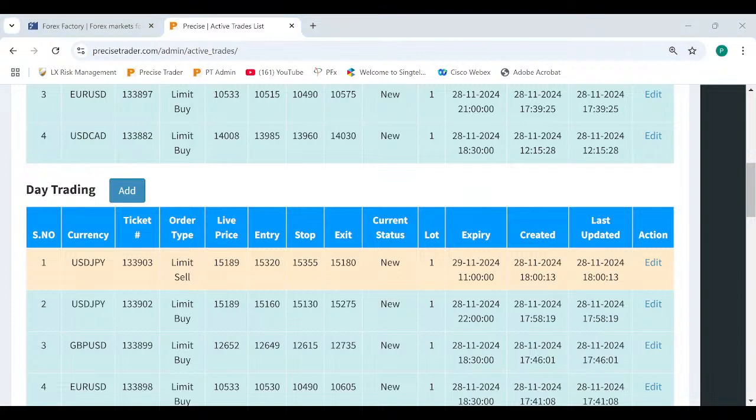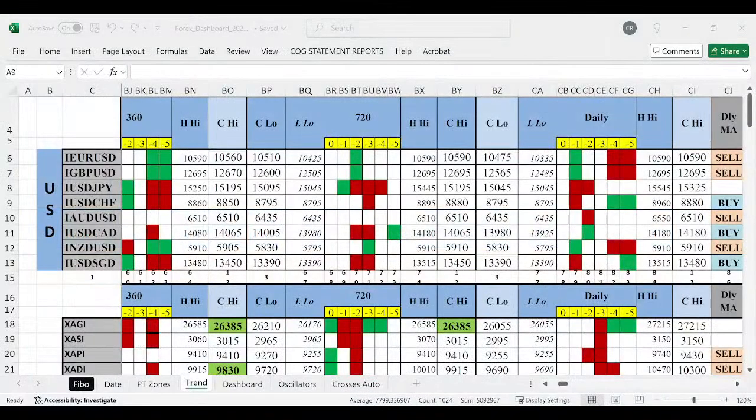Now the next thing we want to do is dollar Swiss. We'll do dollar Swiss, then New Zealand dollars, then finally we finish with gold. So now the dollar Swiss. Let me get back to the system.